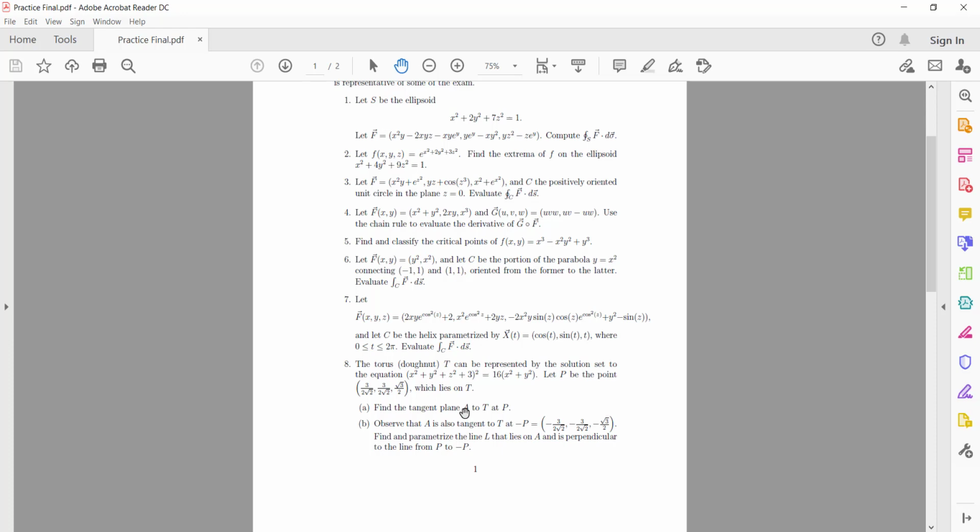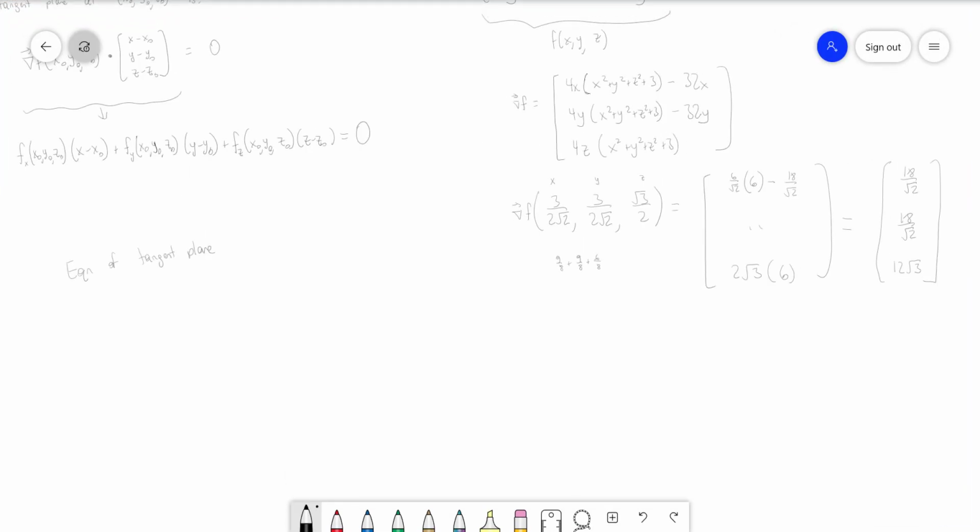So we start by calling A the tangent plane to the torus T at the point P. I take the partial derivatives that we got from the gradient, and those become the coefficients over here. So taking the first one, 18 over root 2, that was the partial with respect to x, and then times x minus x naught.